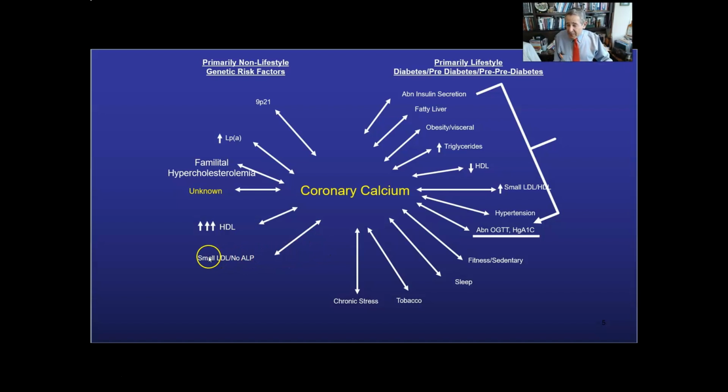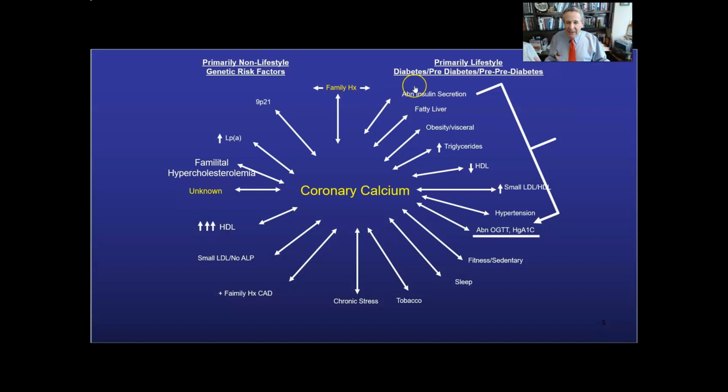So we see patients with a lot of plaque who are not pre-diabetic or pre-diabetic, but they have small LDL. And when there's family history, it can become important through either side.